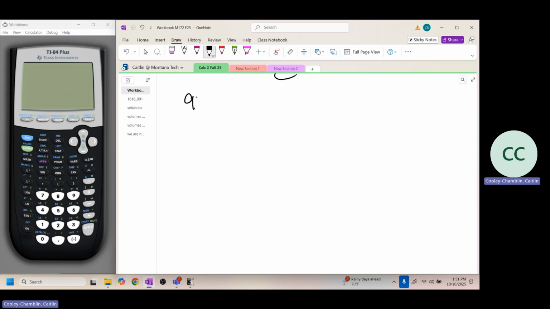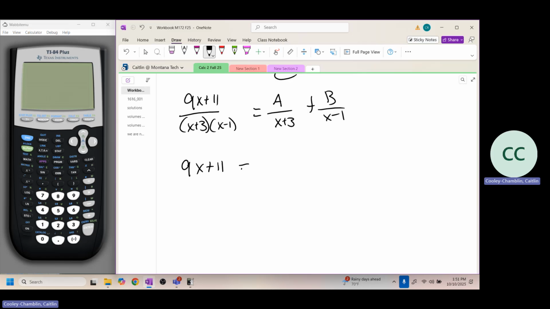So we had that 9x plus 11 over x plus 3, x minus 1 equals a over x plus 3 plus b over x minus 1. A lot of people skip this and go straight into 9x plus 11 equals a times x minus 1 plus b times x plus 3. That is perfectly fine. Everything I'm showing you, you can do on your test if you want to skip that many steps.